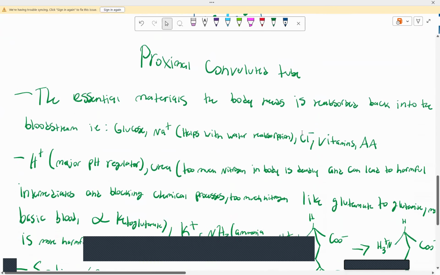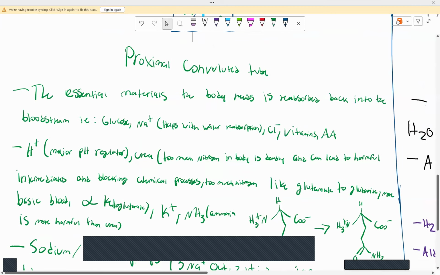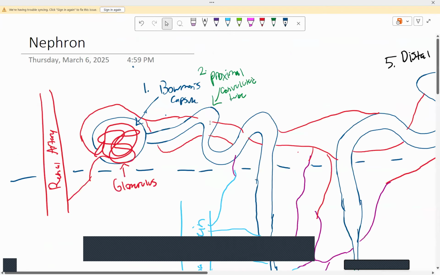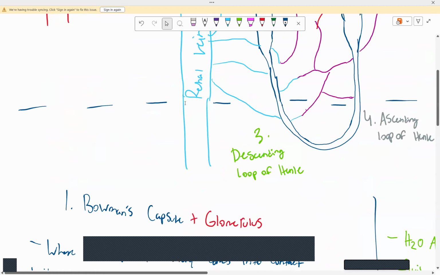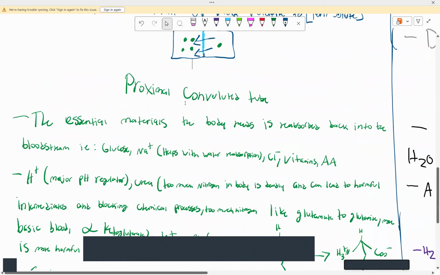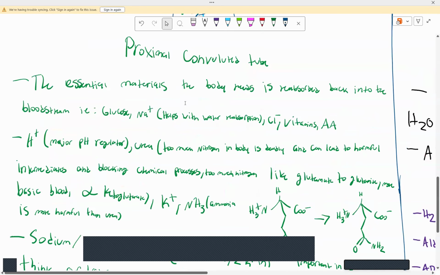So for the proximal convoluted tube, just reorienting ourselves, proximal as in relating to Bowman's capsule. It's in close proximity. That's another way you could think about it. The proximal convoluted tube is where essential materials in the body are reabsorbed back into the bloodstream, like glucose, vitamins and amino acids.